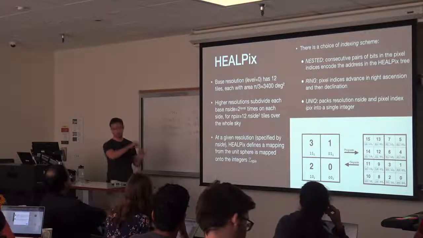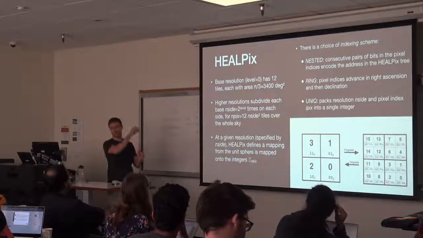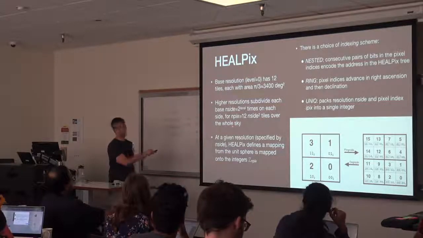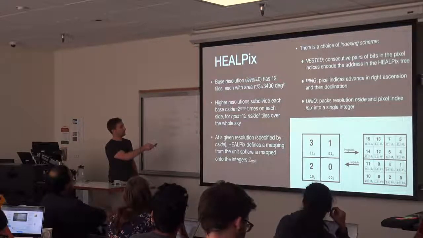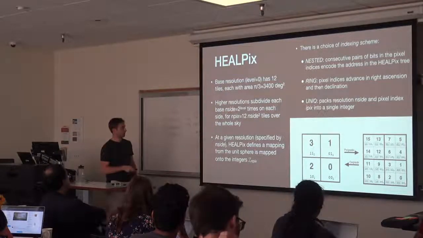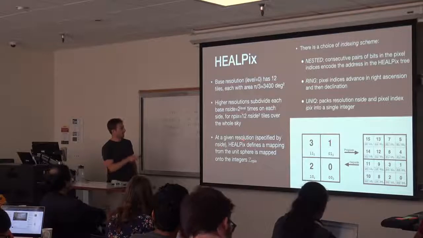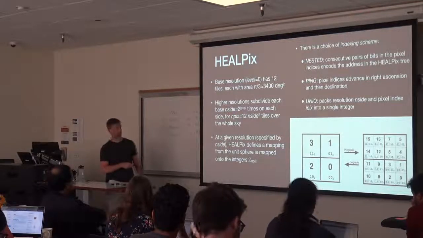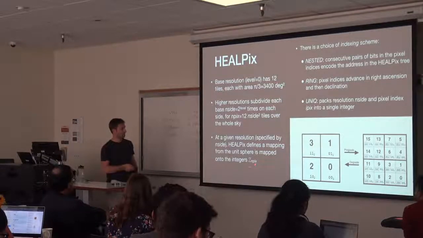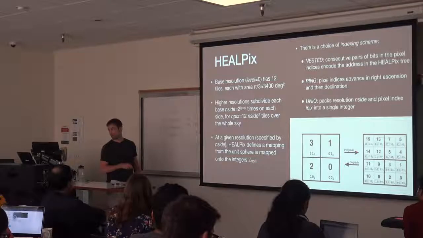So the lateral number of pixels on each base tile is called n side. So the total number of pixels at a given resolution is 12 times n side squared. So at any given resolution specified by level, n side, or n pix, HEALPIX defines a mapping from the unit sphere onto the integers from 0 to n pix minus 1.